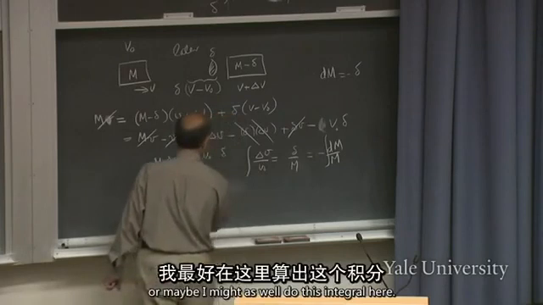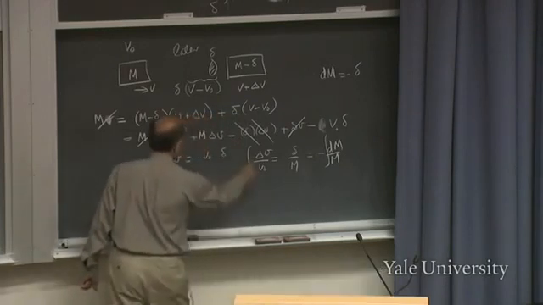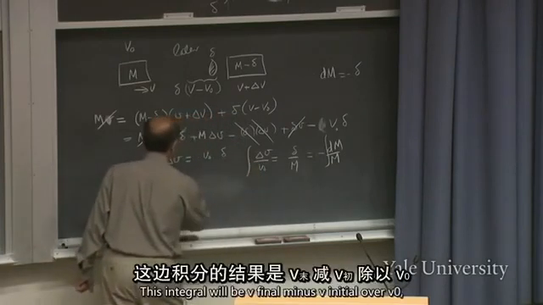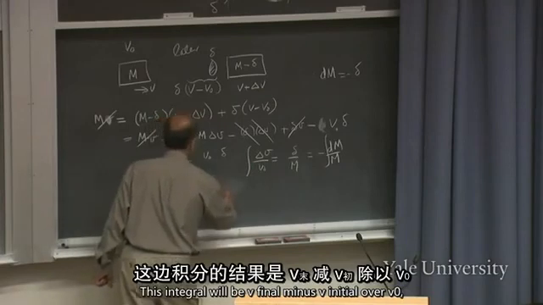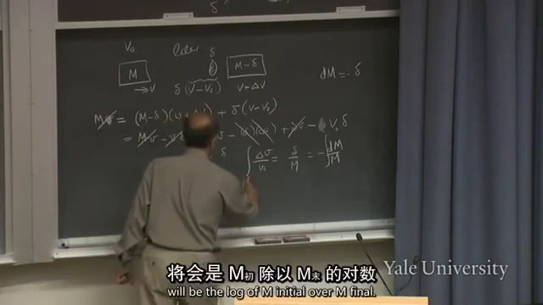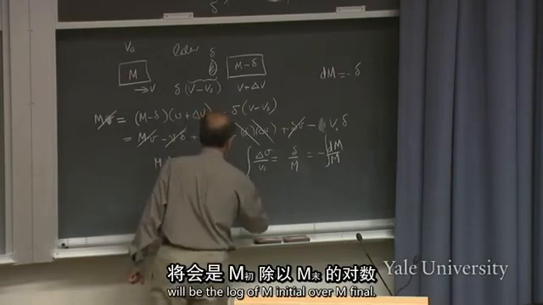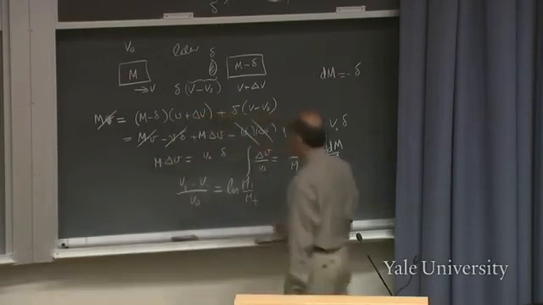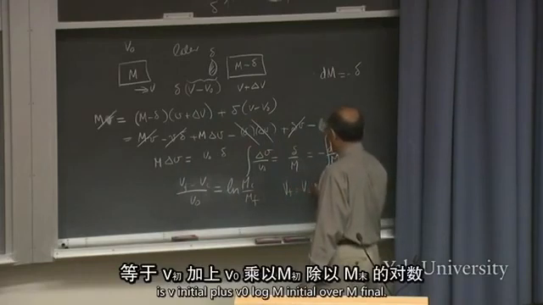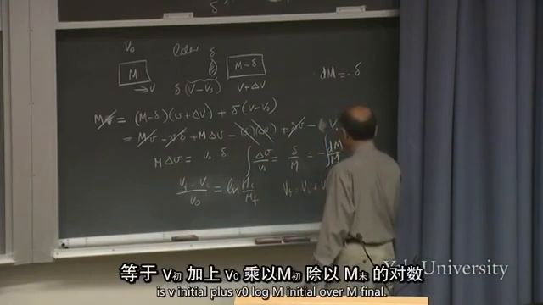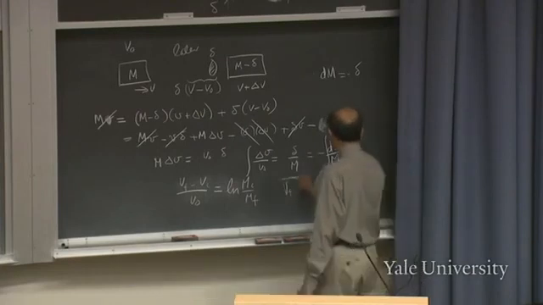This integral will be v final minus v initial over v0, which will be the log of m initial over m final. So you will find v final is v initial plus v0 log m initial over m final.